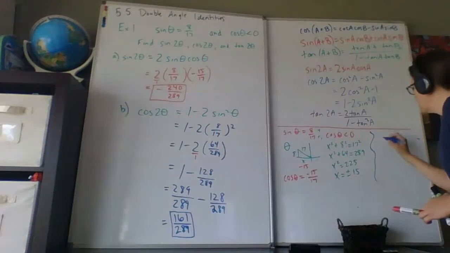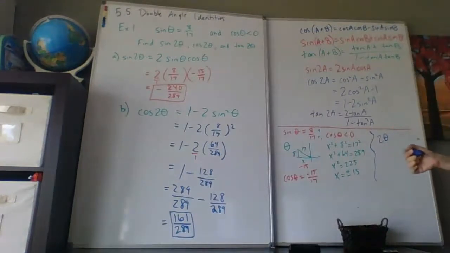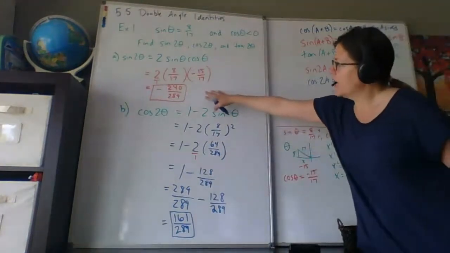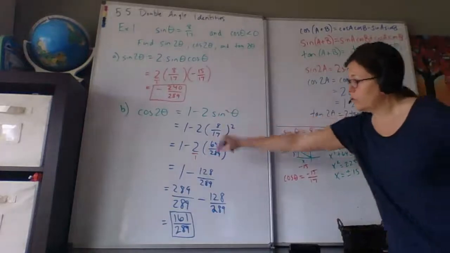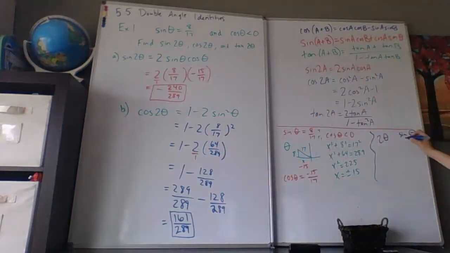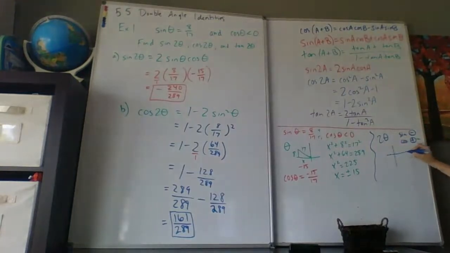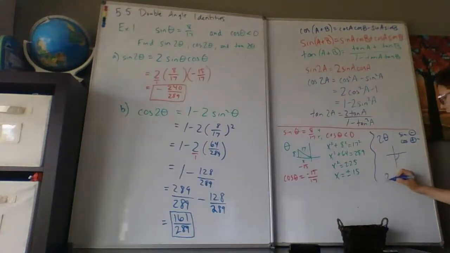Now if we wanted to just examine 2 theta, so we have the sine of 2 theta is negative, but we found that the cosine of 2 theta is positive. So now, what quadrant would we be in if we had a negative sine and a positive cosine? That ends up being quadrant 4. So we know now that 2 theta is in quadrant 4.